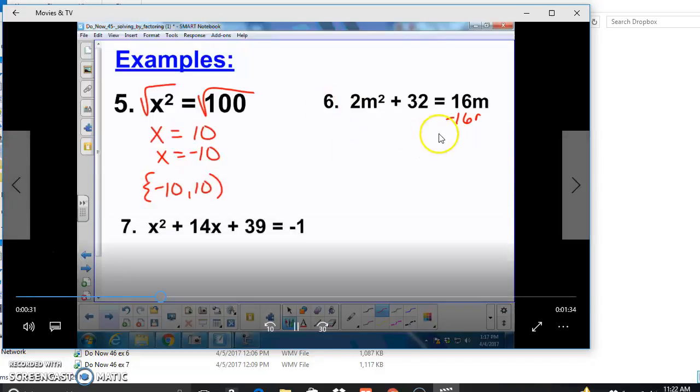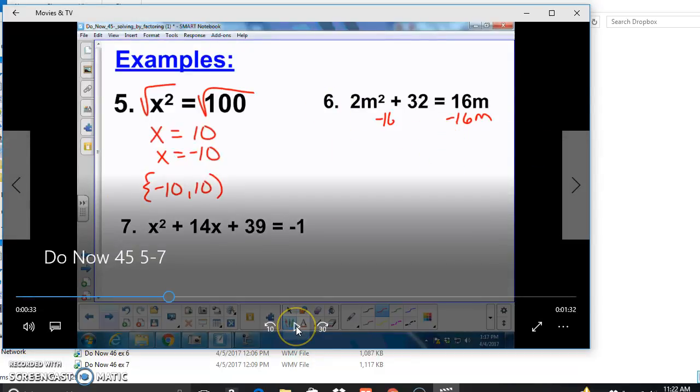We look at number 6, it's a little different. In order to get it equal to 0, we've got to move the 16m from the right-hand side to the left. To make 16m be 0, you have to subtract 16m from this side and subtract 16m from this side. And I'm kind of listing this 16m in the middle because there's no m term for me to combine it with. But in order to keep it in standard form, I need the m to be in the middle.